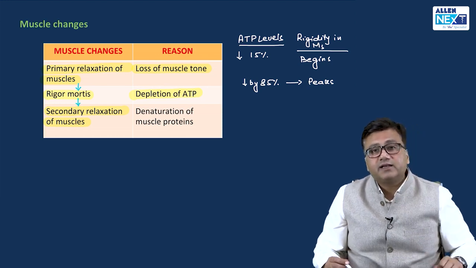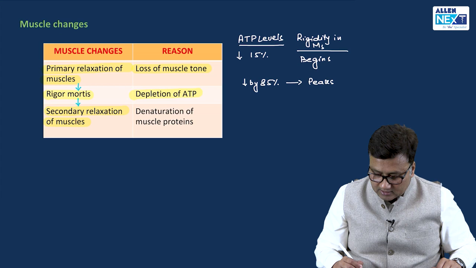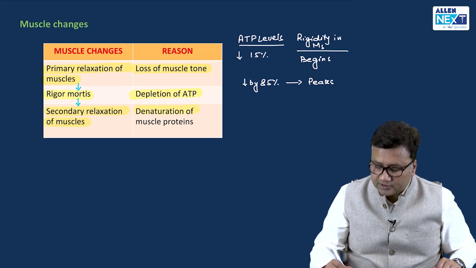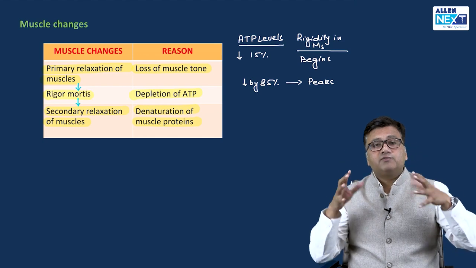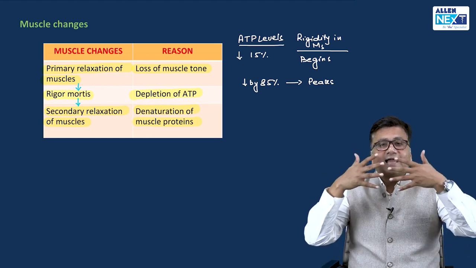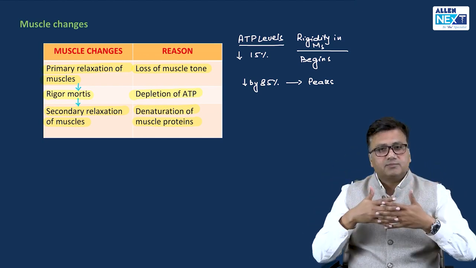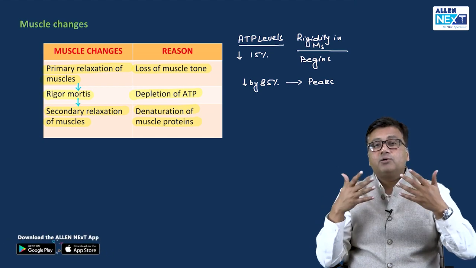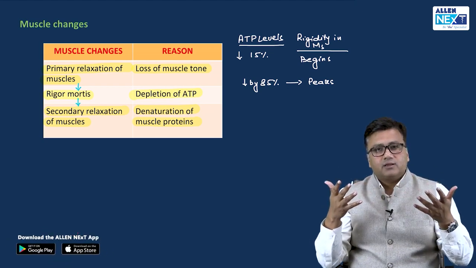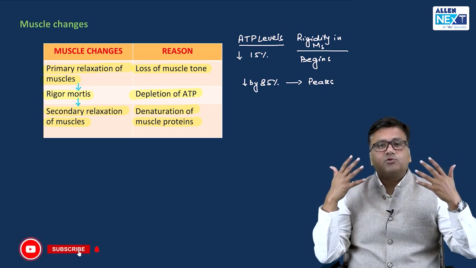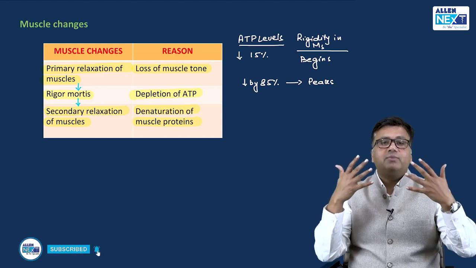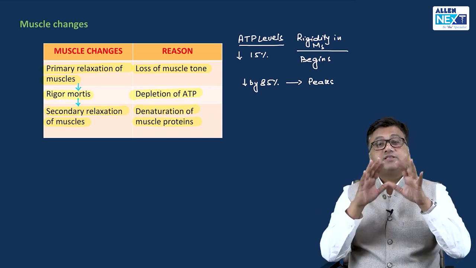The reason for secondary relaxation of muscles is denaturation of muscle protein. The reason for maintenance of rigor mortis was actin-myosin interdigitation, right? And we are talking about a dead body. How long do you think these actin and myosin, which are proteins of muscle, can maintain their structure in a dead body?